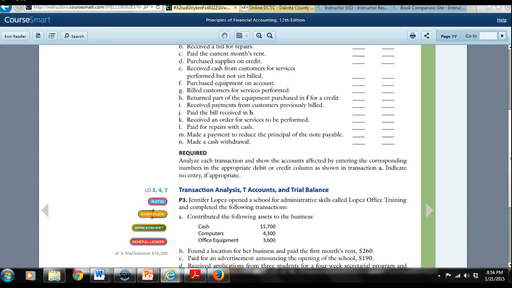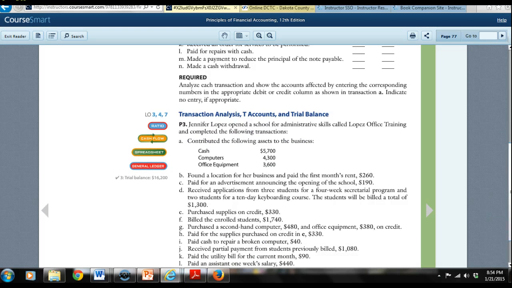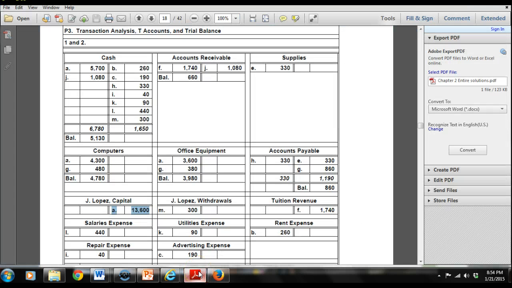Next, it says, found a location for her business and paid the first month's rent of $260. What do we know about that? Debit rent expense, so you'll put a B to rent expense, a debit there.